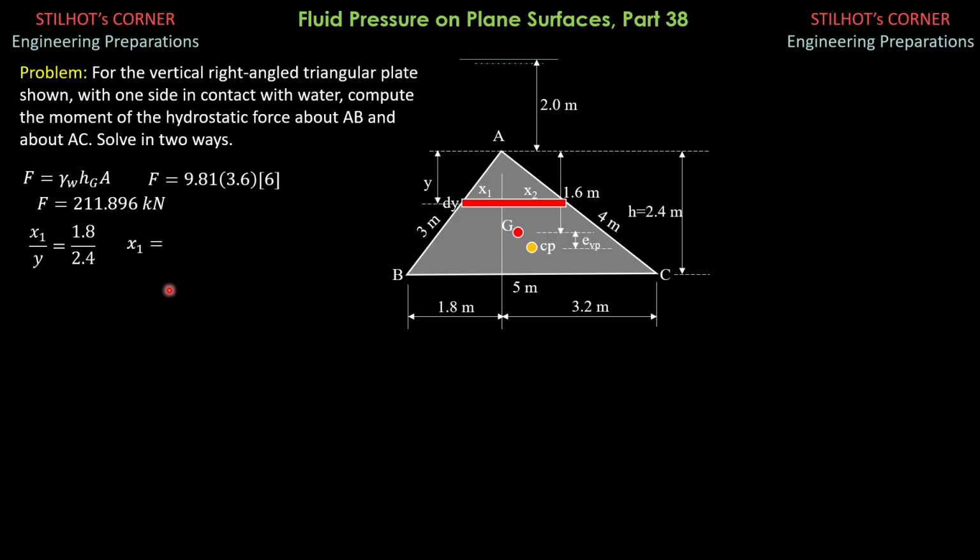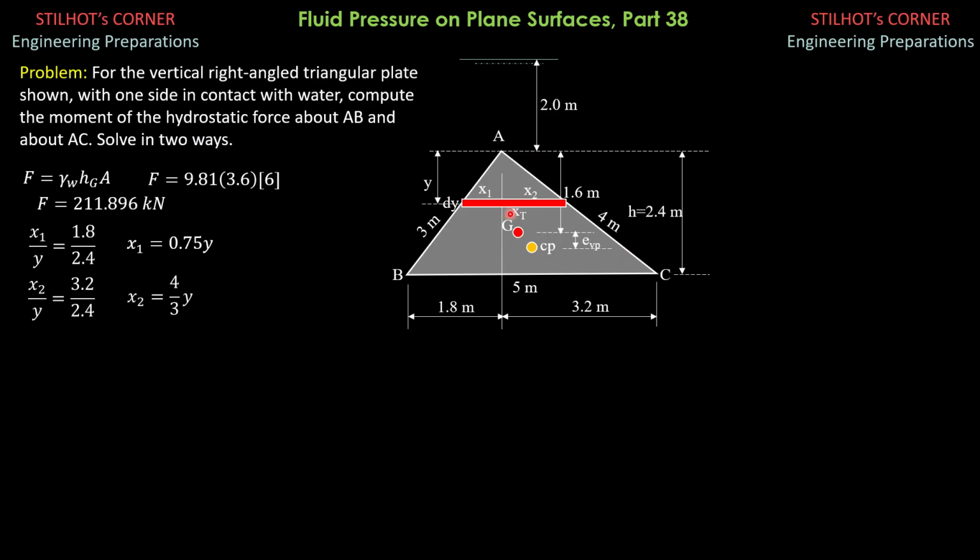So x1 is 0.75 of y. Then in this right portion of the right triangle, x2 is to y as 3.2 is to 2.4. So that means x sub 2 is equal to 4/3 of y. Then xt is 0.75 of y.